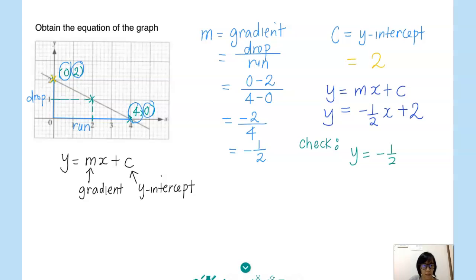So y is equals to 2 times minus half, which will give me minus 1 plus 2, and therefore y is equals to 1. Right. So this equation is good to go.